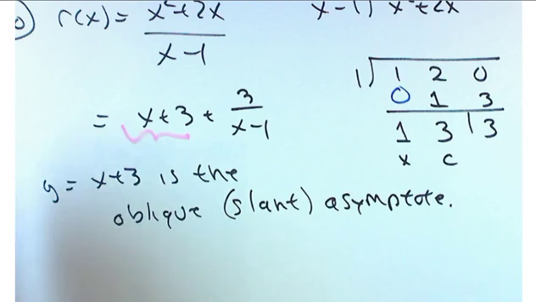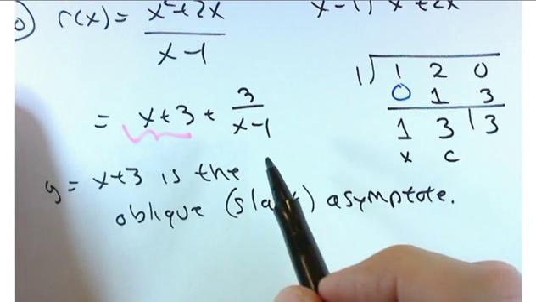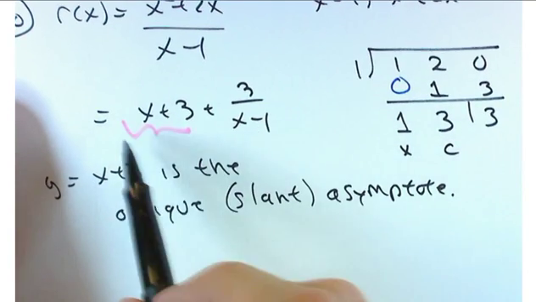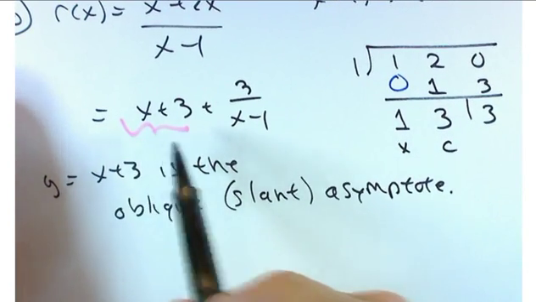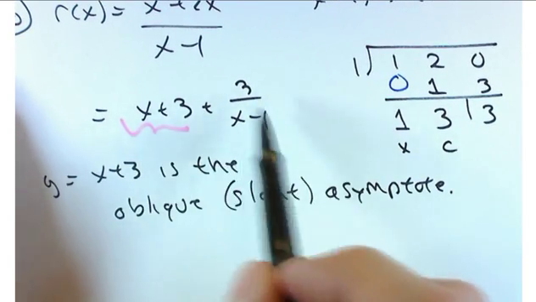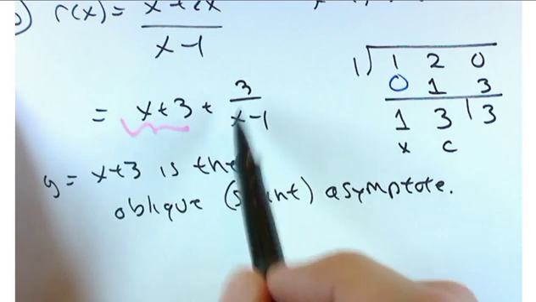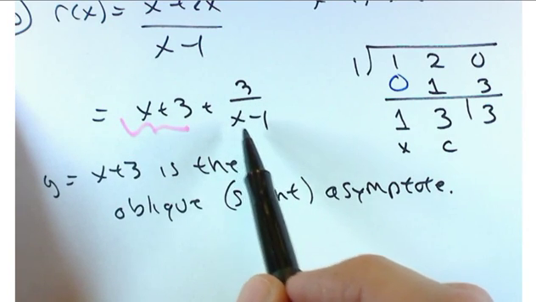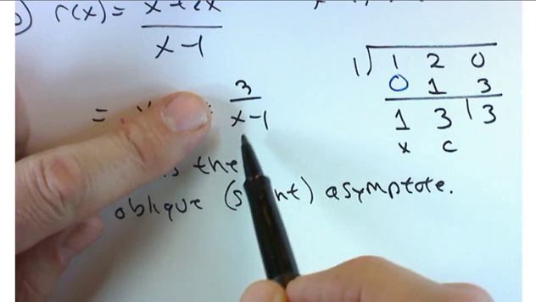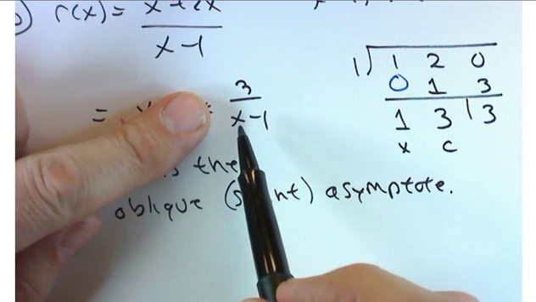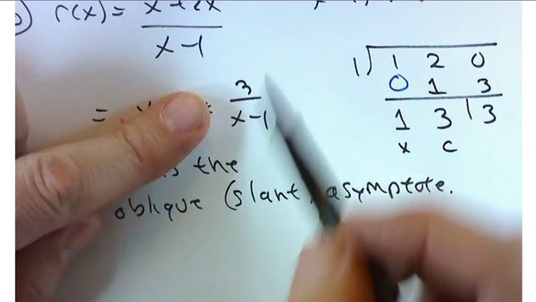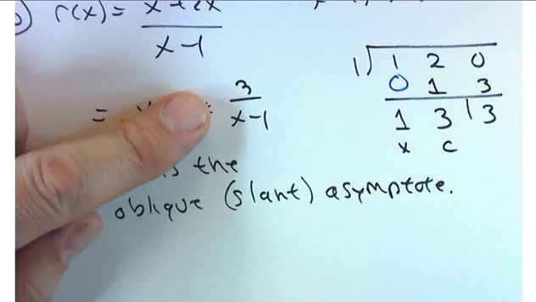The reason we're getting such strange behavior like that can be divined if you think about what's going to happen if I put in really, really big values of x. Values like 1,000,001 or 1,000,000,001. What happens to this ratio?